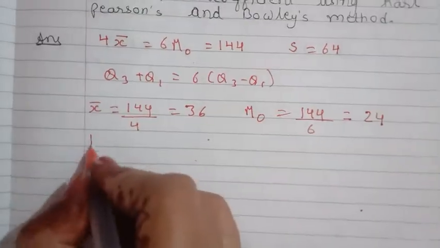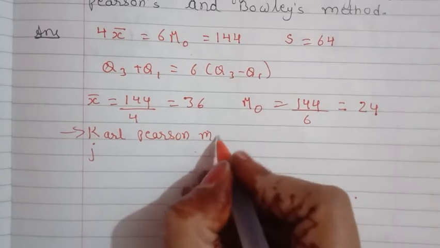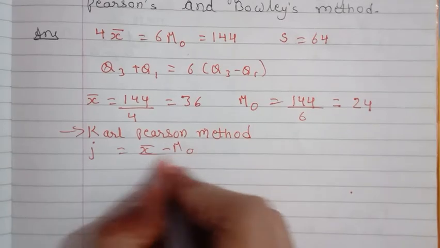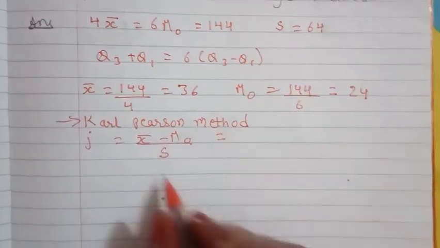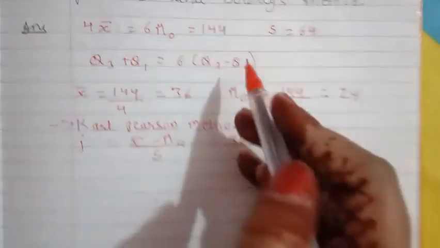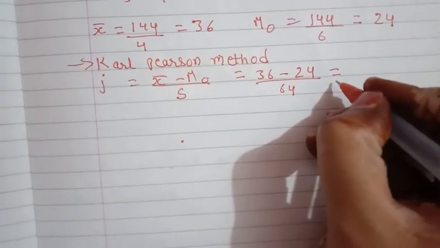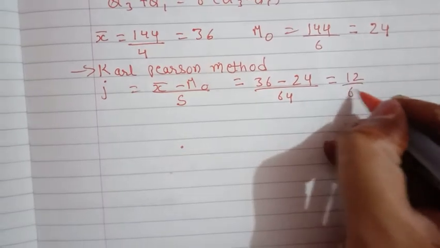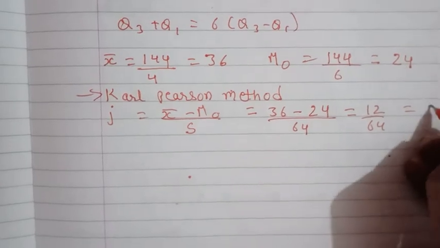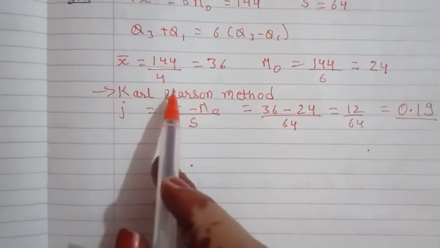J is equal to X bar minus mode upon S. Now what is mean? 36 minus 24 upon S, which is given in the question, that is 64. So 36 minus 24 is 12. 12 divided by 64 is equal to 0.19. That is my value of J by Karl Pearson method.